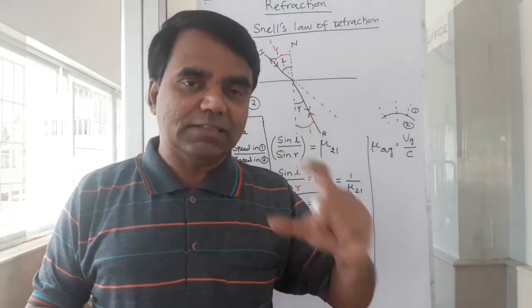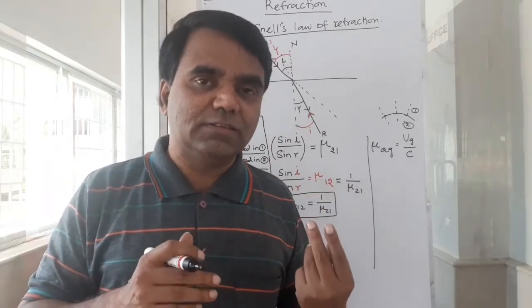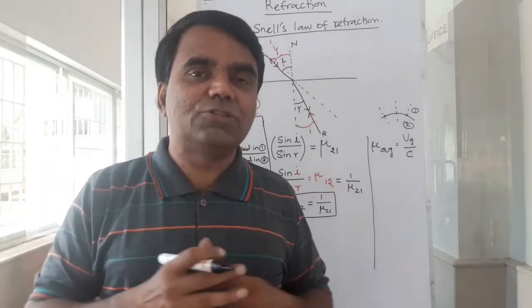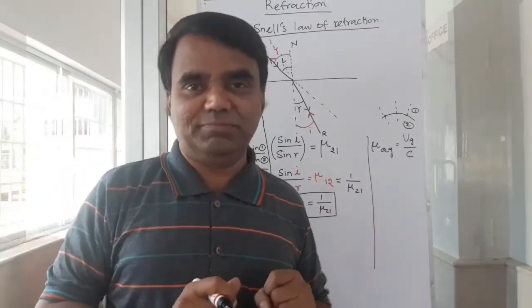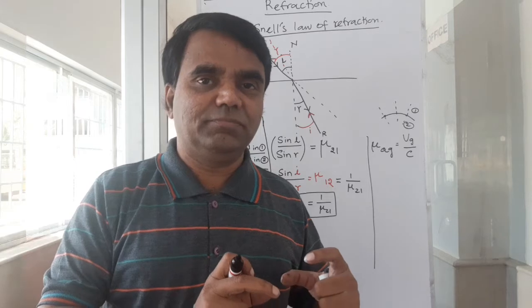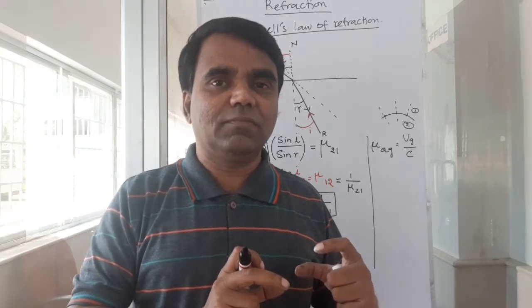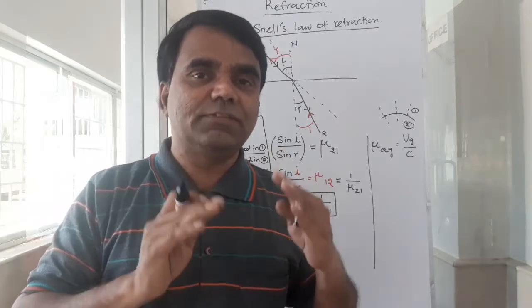It is the ratio of the speeds of light in these two mediums, vacuum divided by the medium. So that becomes the refractive index of that medium. Okay. So that is the definition of refractive index.